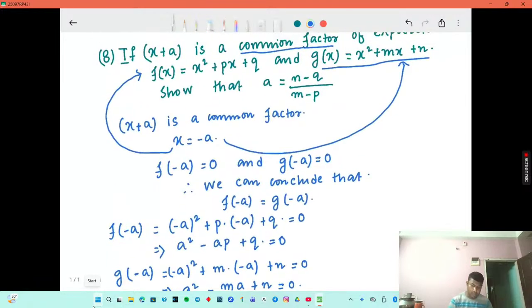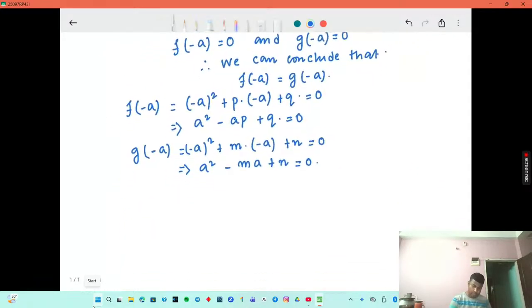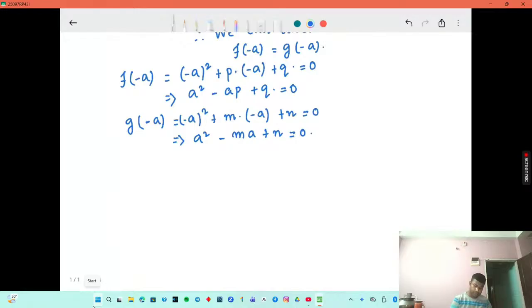Since x plus a is a common factor of this expression, we can write f(-a) is equal to g(-a). Therefore, a squared minus ap plus q is equal to a squared minus ma plus n.